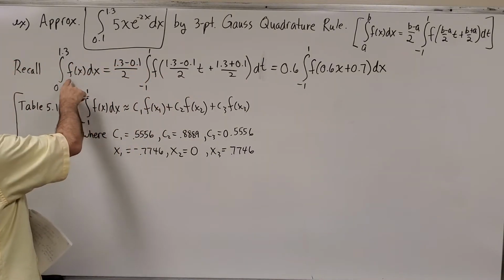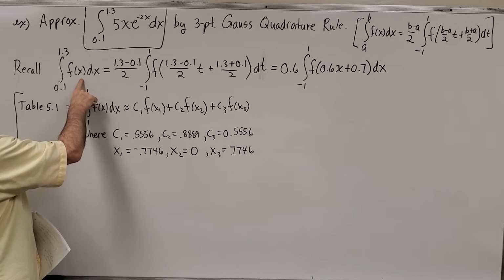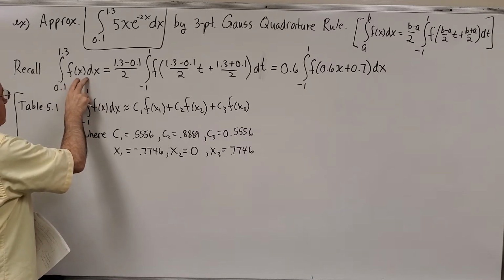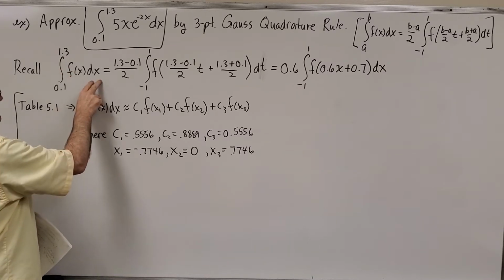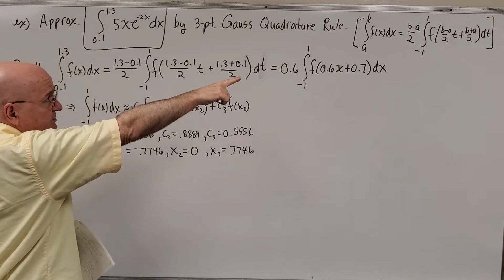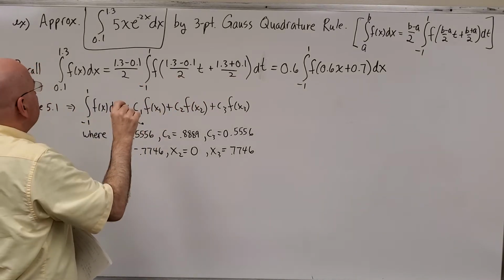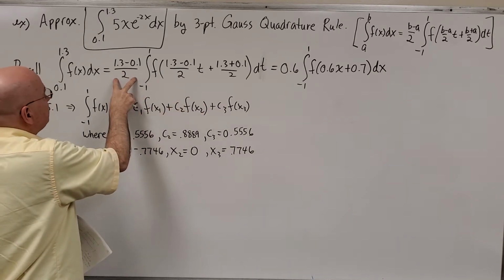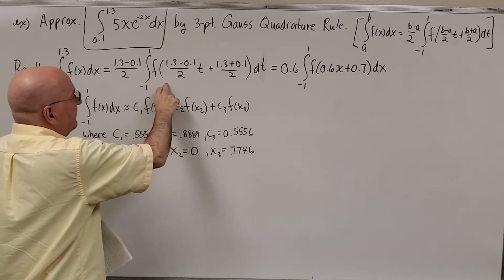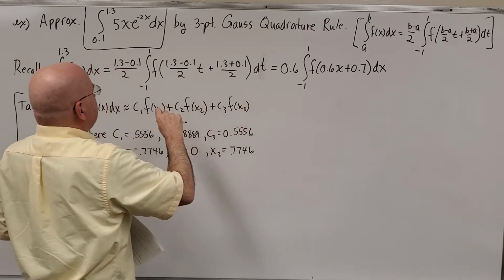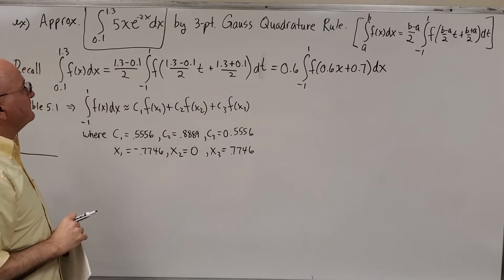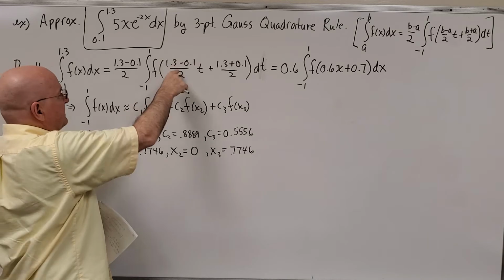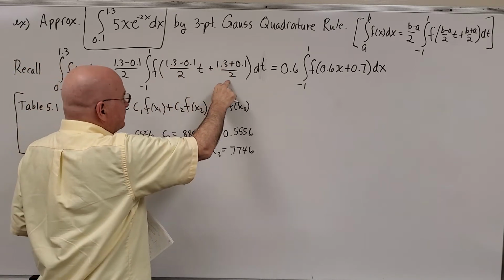Recall that the integral of a function from 1 to 1.3, converting it this way, is simply (b minus a)/2, as the formula says, times f of this dt. This was ((b minus a)/2)t plus (b plus a)/2.